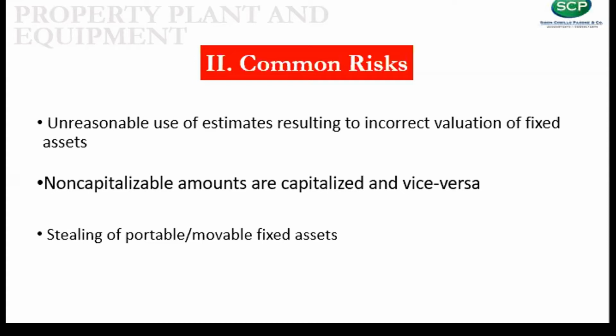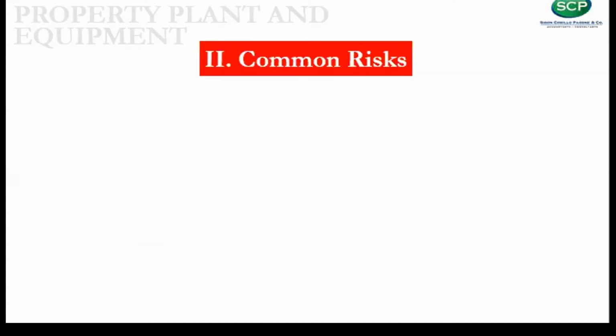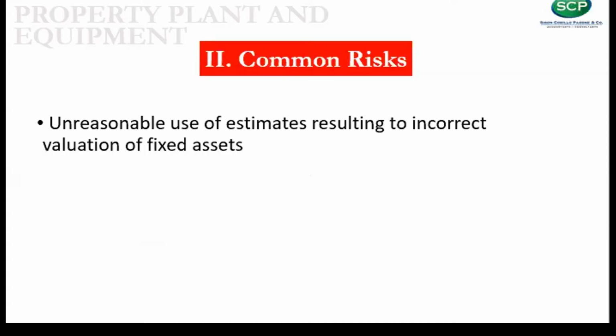The risk on fixed assets that we will discuss first is the unreasonable use of estimates resulting in an incorrect valuation of fixed assets. This is the most common source of misstatement or error in fixed assets.